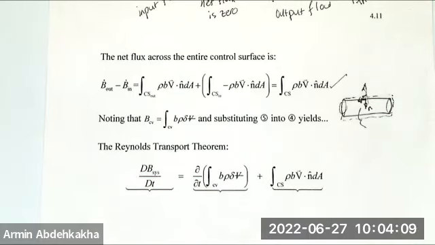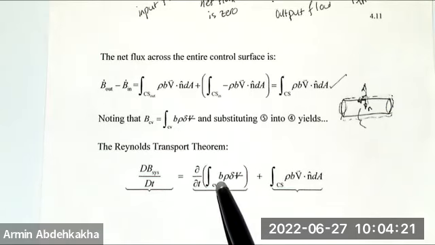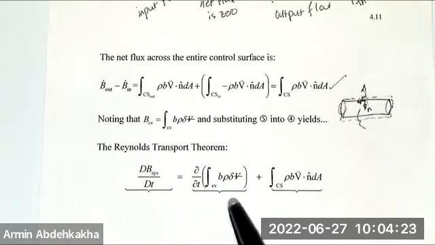So the lowercase b, the intensive form, is going to be capital B over M, right? Because capital B is your mass, then b is going to be 1. What would be the integral? The integral over the control volume of rho times dV is going to be the mass of your system, right? So the mass of the system is not changing. The derivative is going to be zero.